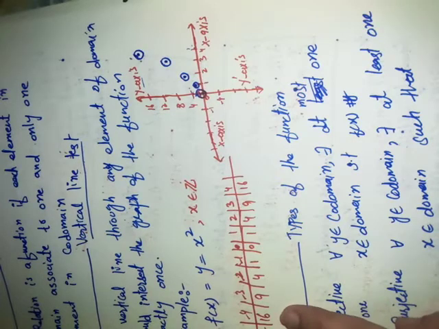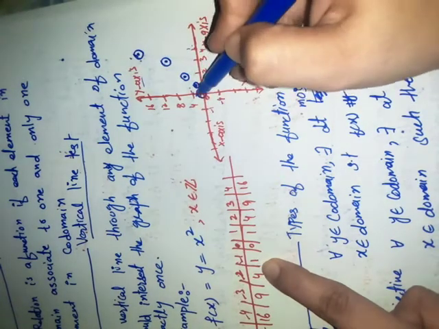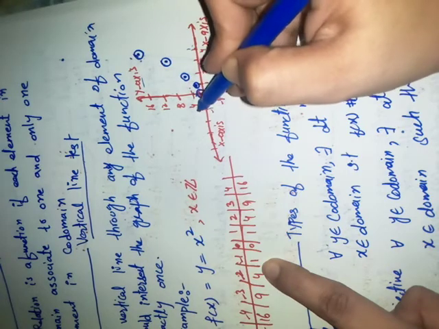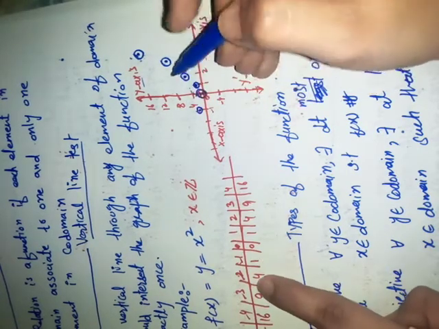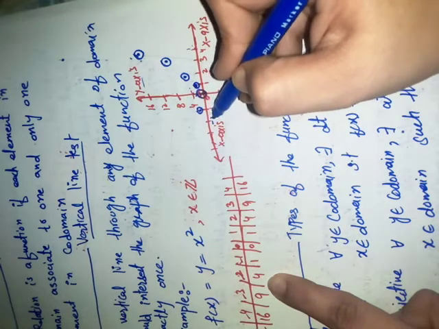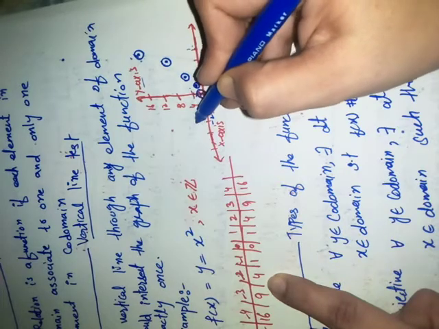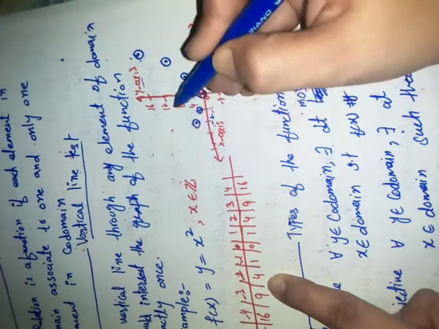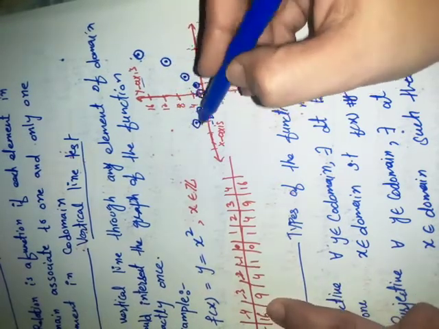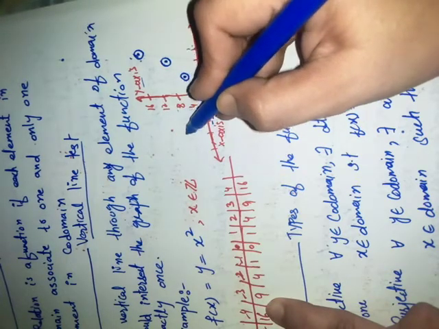Similarly, on the other side, if x is -1 and y is 1, then the point should be this one. If x is -2 and y is 4, on the x-axis -2 and on the y-axis 4, the point should be this one. If x is -3 and y is 9, this point is -3 and 9 is here.